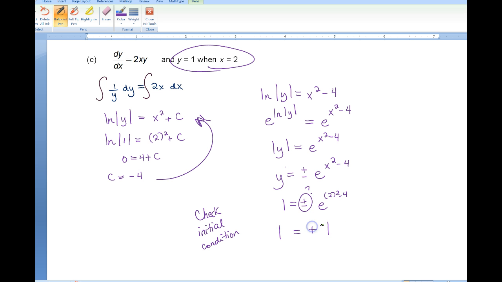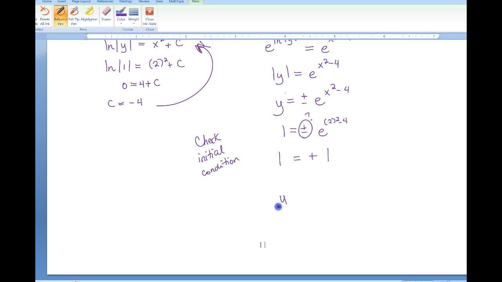So we want the positive. What I'm saying is there are some occasions where y would be negative 1, and then you would want to make sure that you use the negative part of the exponential function. So what's our answer? It's y equals e to the x squared minus 4.